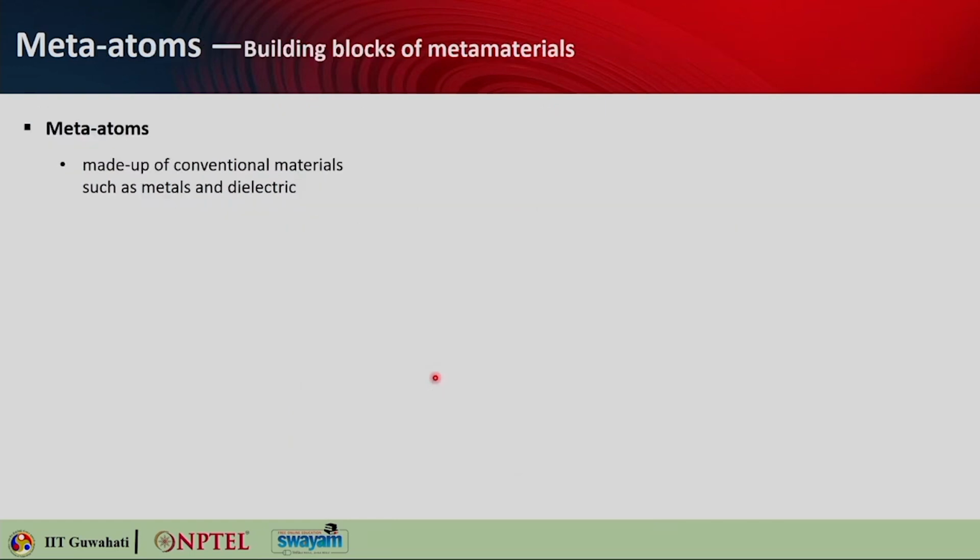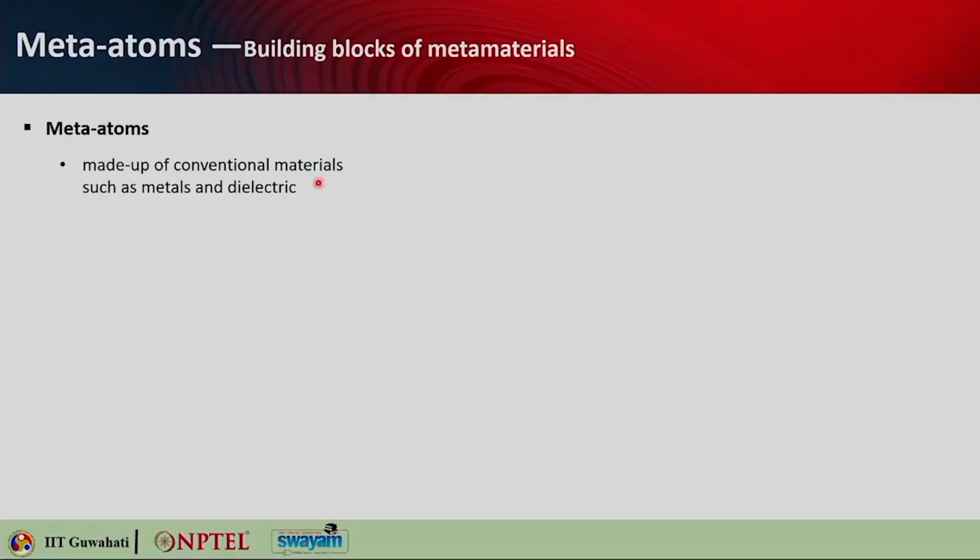Let us look one more time, because we understood that the properties of metamaterials are derived from meta atoms. So meta atoms become the most important part. What are these meta atoms made of? They are made of conventional materials such as metal and dielectric, which we find in nature. That is fine.